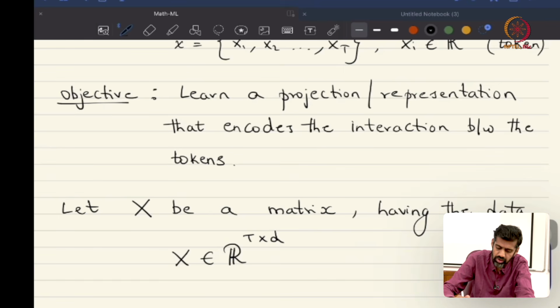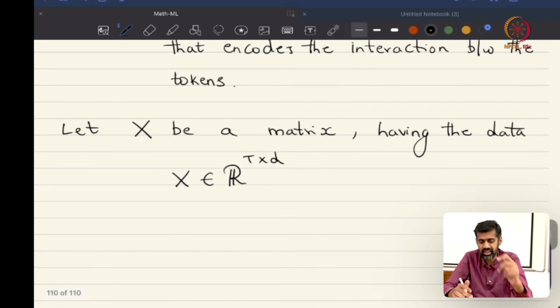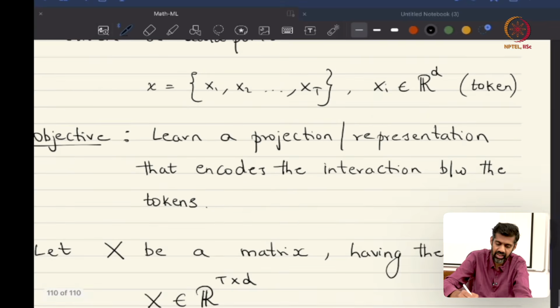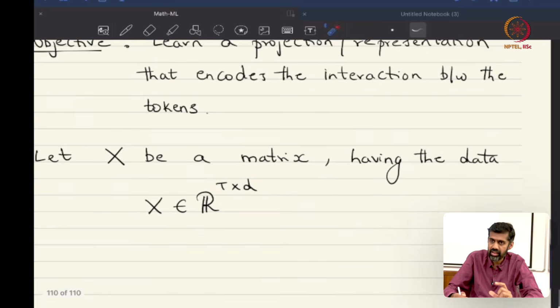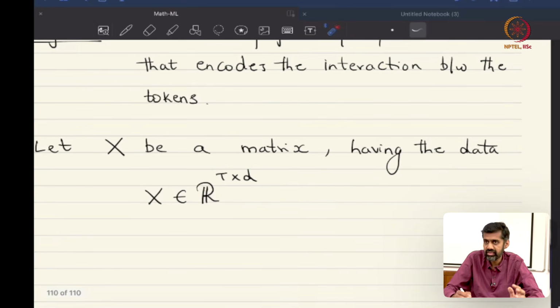So, what I do is that I take this entire data point and represent it as a matrix, because every token is a d-dimensional vector. I stack them all in a matrix and I get a T cross d-dimensional matrix, which is a single data point, mind you. Now, I want to learn a projection on this data point such that the interaction between every token is captured. That is my goal.